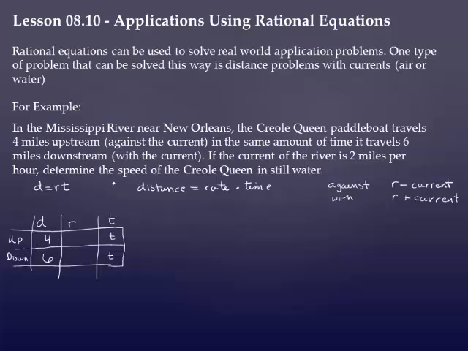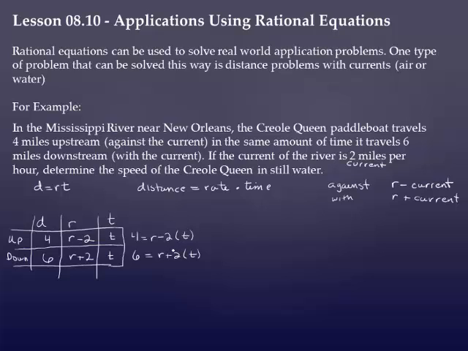So upstream is against the current, and the current of the river is 2 miles per hour. We don't know the rate of the boat, but when we're going against it, we're subtracting 2, and when we're going with it, we're adding 2. Now, the distance upstream is 4 is equal to (r minus 2) times t, and the distance downstream is 6 is equal to (r plus 2) times t.